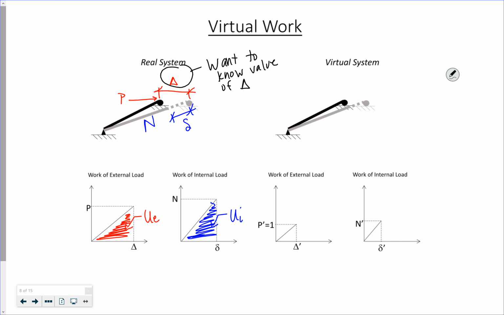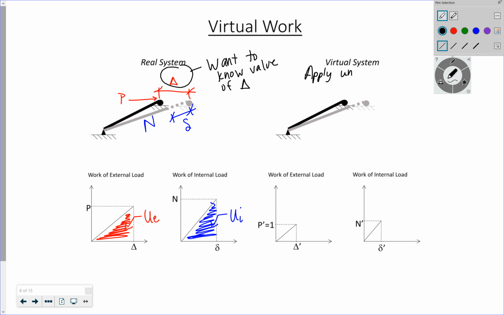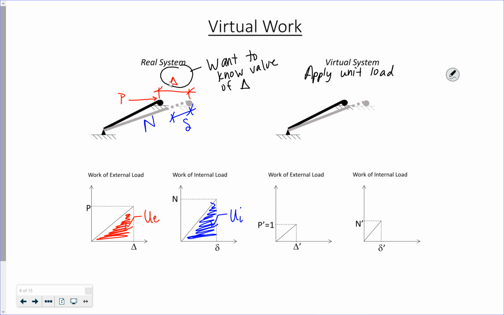So I'm going to apply a unit load in direction of my unknown displacement.